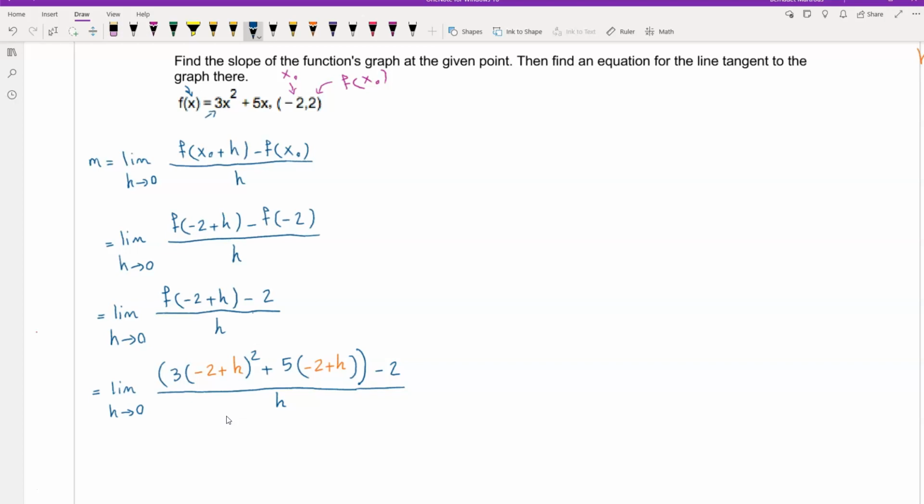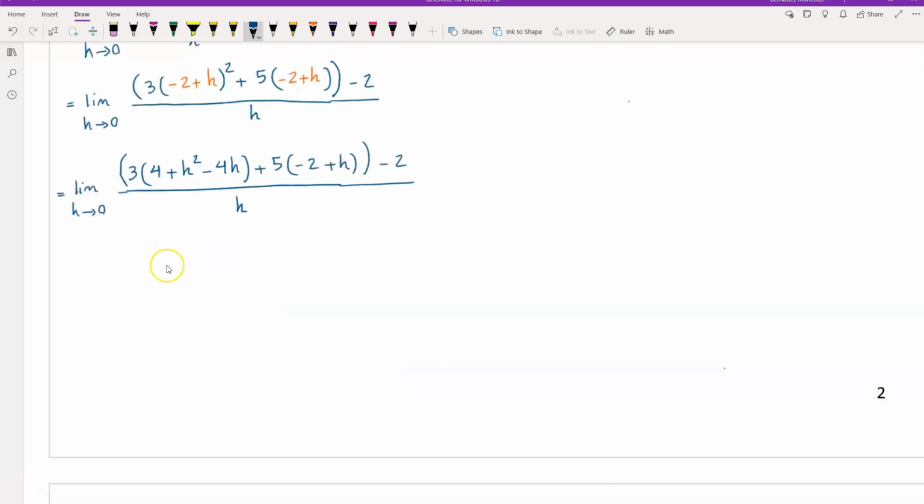So starting with what we have here is 3 times, for x we have negative 2 plus h, then we have square plus 5 times, again for x we have negative 2 plus h. And then subtract f of x naught, then divide by h. Now here on this part, negative 2 plus h squared, that is equal to 4 plus h squared minus 4h.